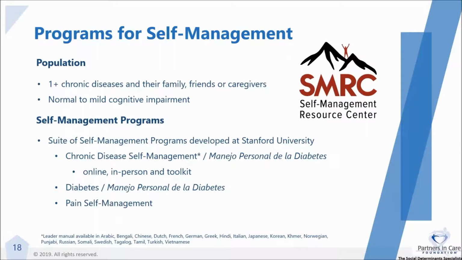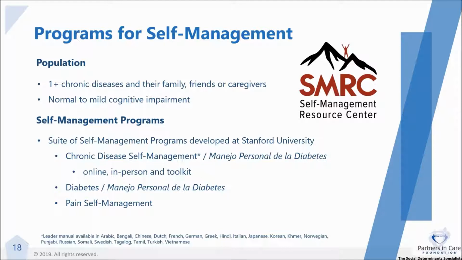The first program I'm going to talk to you about is the Chronic Disease Self-Management Program, and it's really a suite of programs. Here at Partners, we do the base program, which is the Chronic Disease Self-Management Program, in both English and Spanish. That can be provided in person, online, or through a toolkit, and we use this 3-mode way of delivering the program for our Blue Shield of California contract.